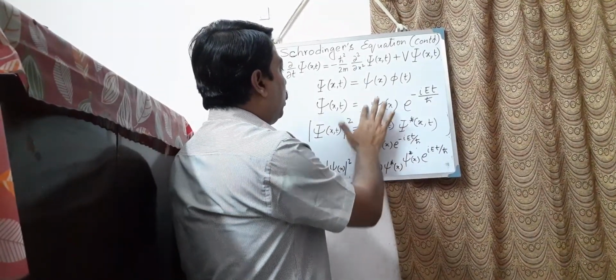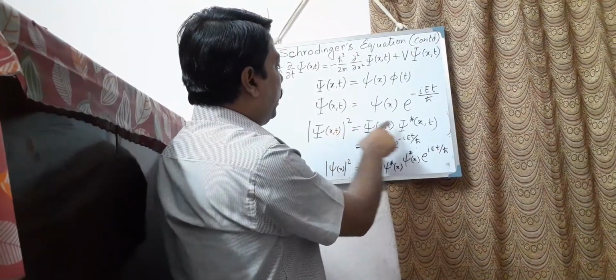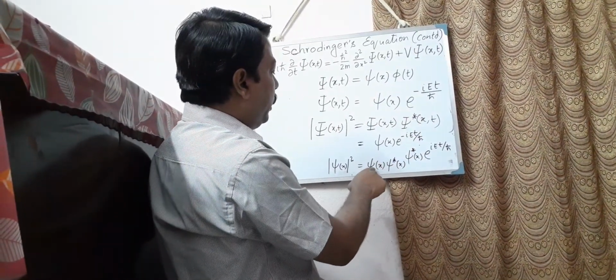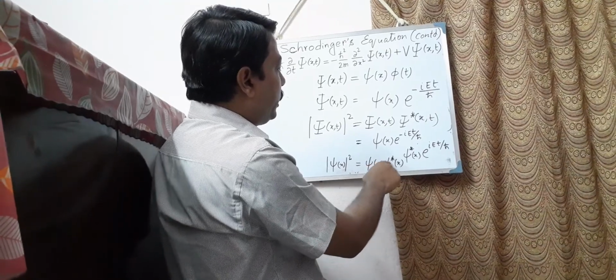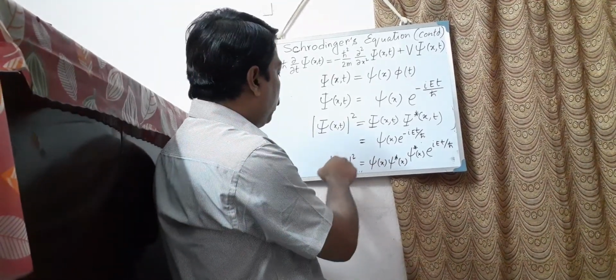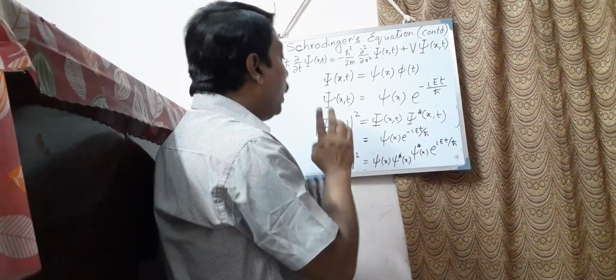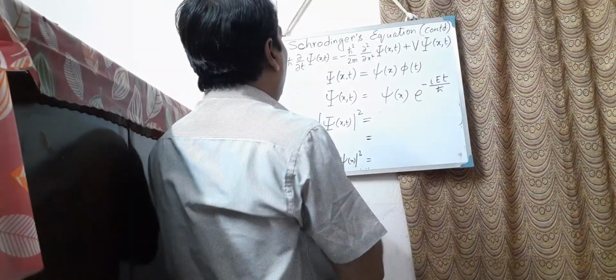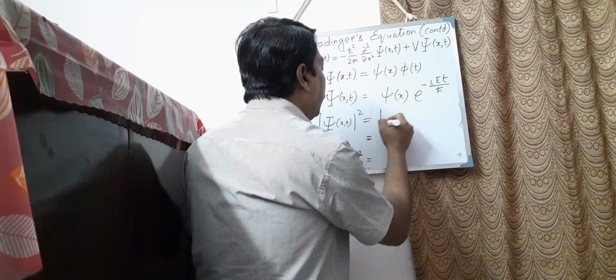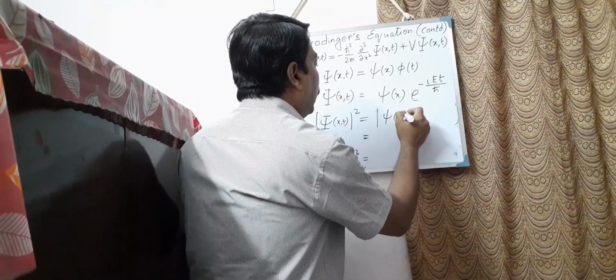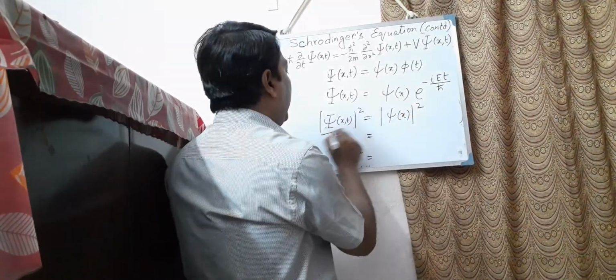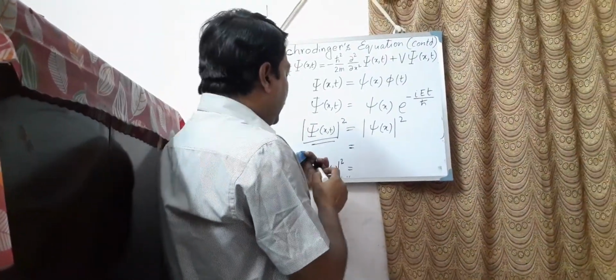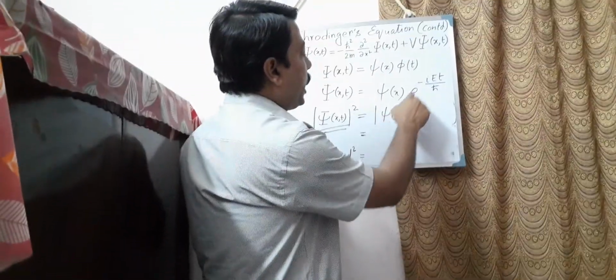So mod psi x t square, if you calculate, ends up giving you small psi x into psi star x, which is mod small psi x square. That means your probability density is the same as mod of small psi x square.